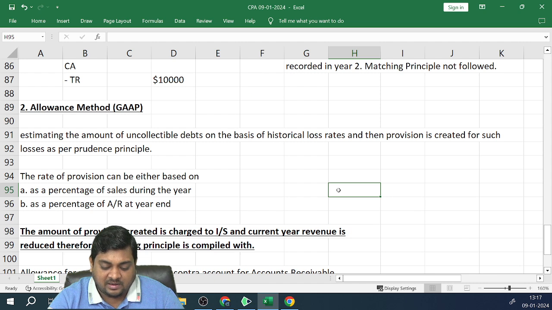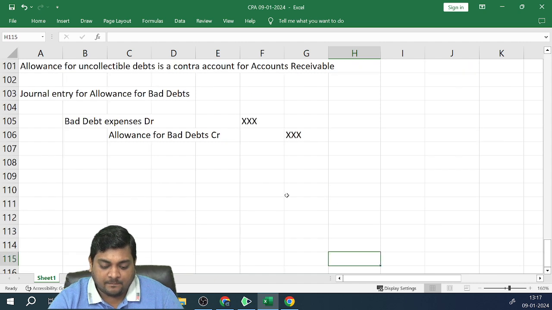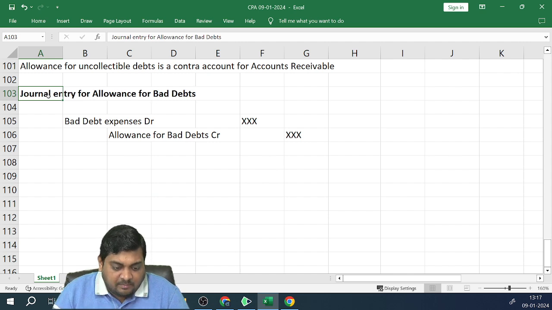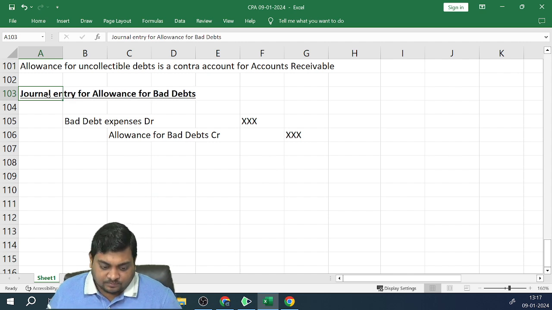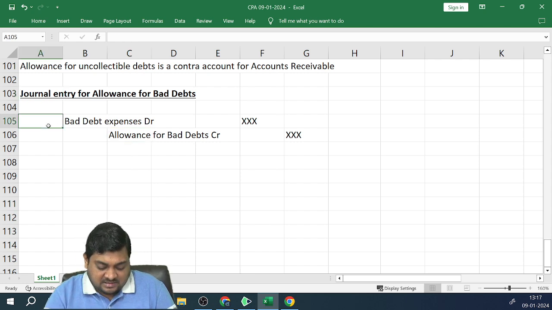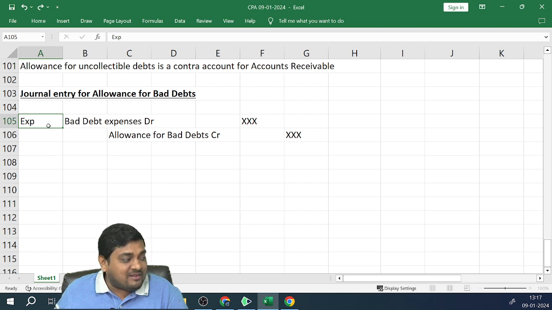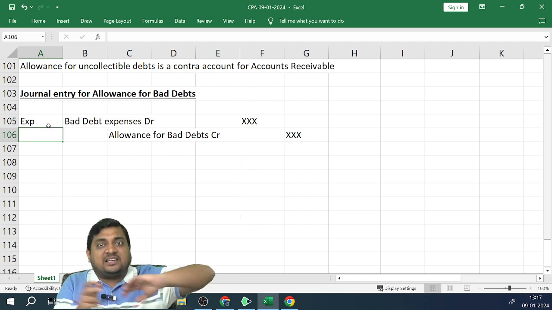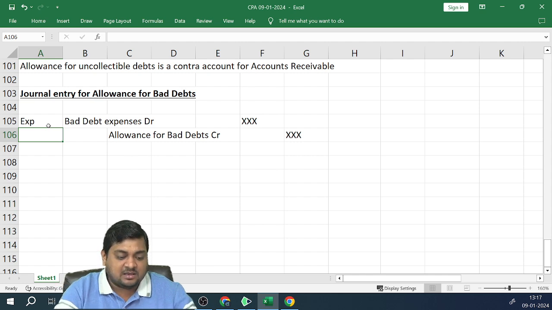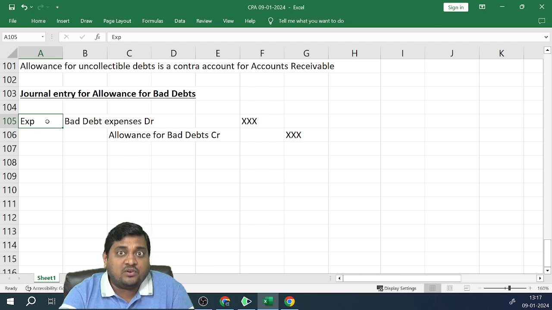But here what is happening? In our case, it is not yet bad, but still I am showing it as an expense, right? I have booked expenses. I have set aside profit, because due to this bad debt expense, my profit will reduce.